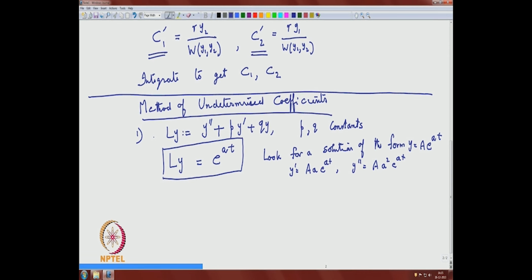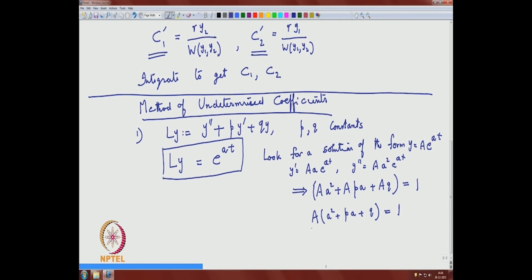If you substitute there, e power at will cancel, and this will give you immediately A into a square plus p a plus q is equal to 1, since the right hand side e power at gives 1.